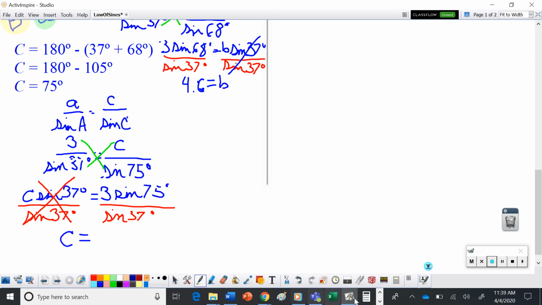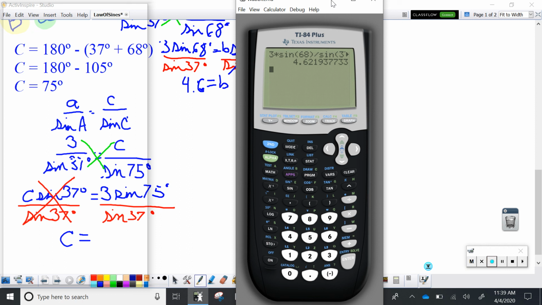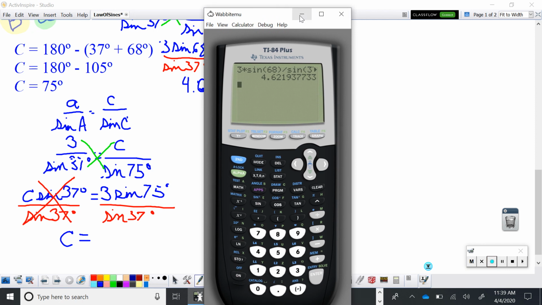What we need to do now is come over to that calculator. So I'll take out my Webbit Emu. I will do 3 times the sine of 75 degrees, close it, divided by the sine of 37 degrees. Close those parentheses.